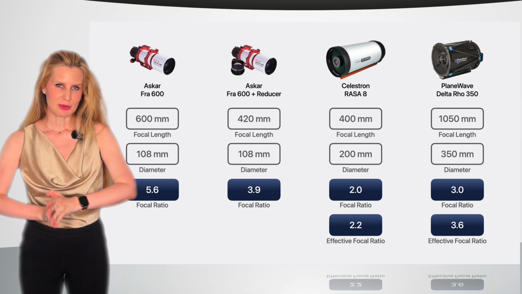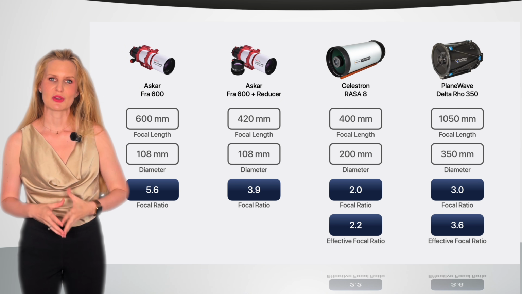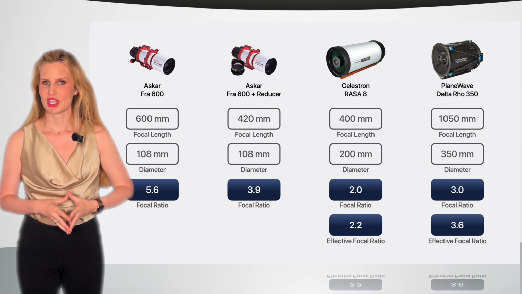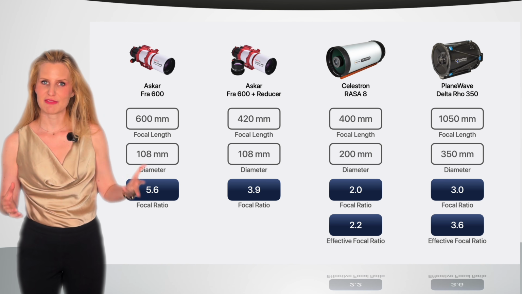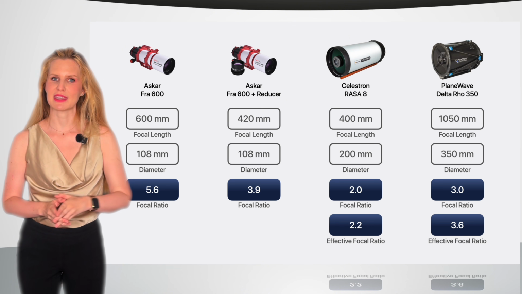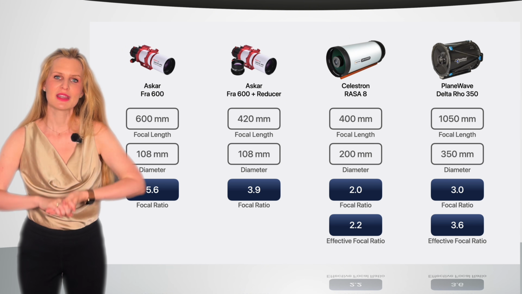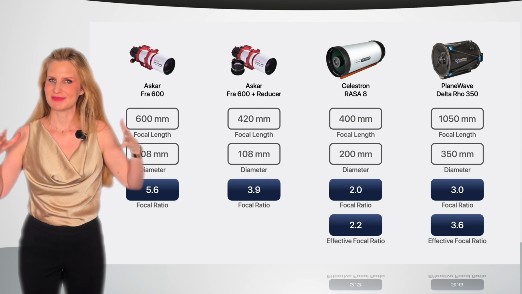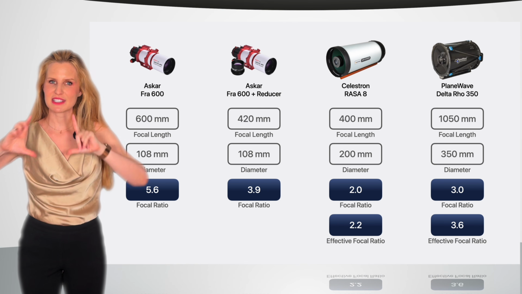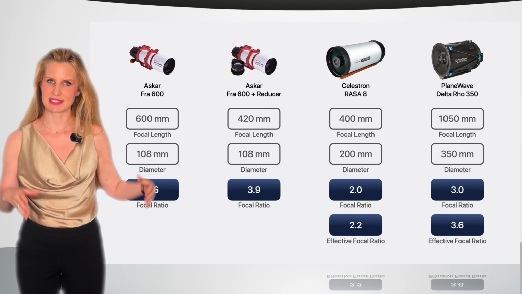Let's look at a few examples. Take the ASCAR telescope with a native focal ratio of f5.6. If we add a reducer to make it faster on paper, the actual light gathering doesn't increase because the physical aperture at the front remains unchanged.